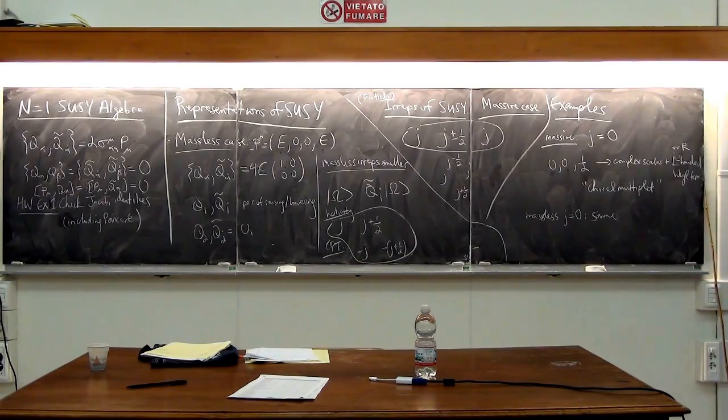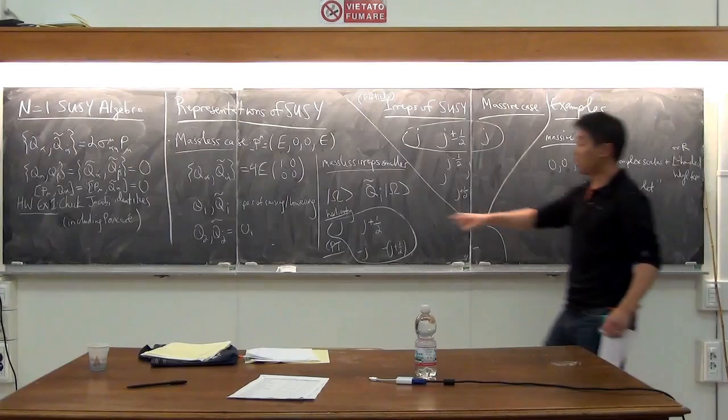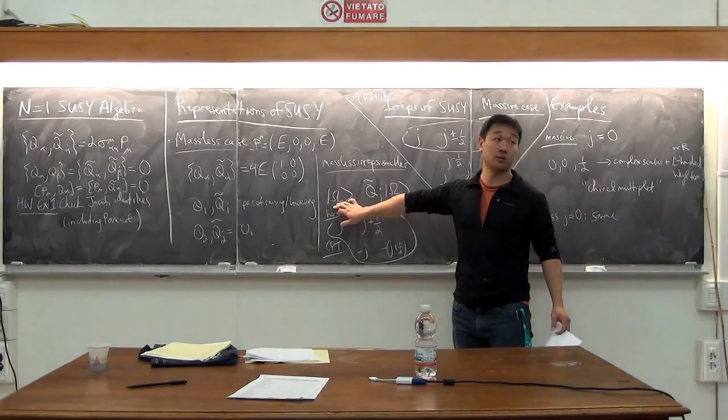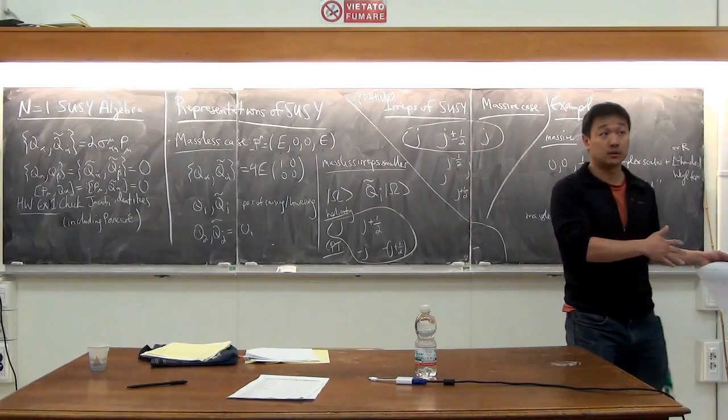Yes? You parameterize this multiplet in J, and you choose, for instance, J equal to 0. But if we parameterize in a different way, like J equal to minus 1.5. So the J here refers to the total spin of this vacuum, the bottom state. So total spin can't be negative, right?